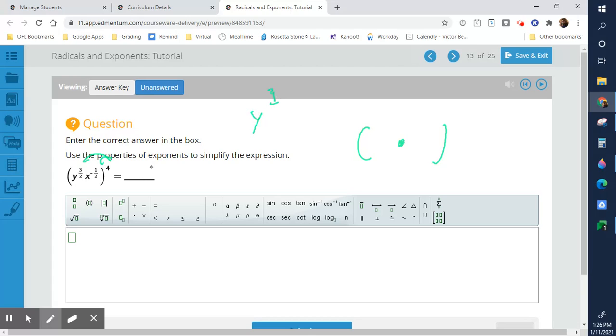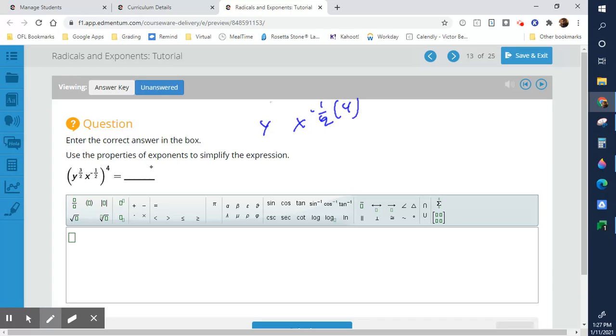Let me write that in better ink. I'm so sorry. X to the negative 1 half times 4. Y to the 3 halves times 4. This 2 and this 4 will reduce each other. This reduces to a 1 and that reduces to a 2.